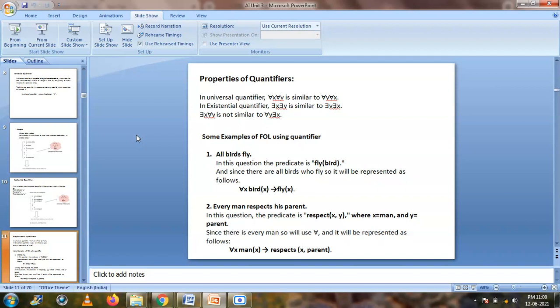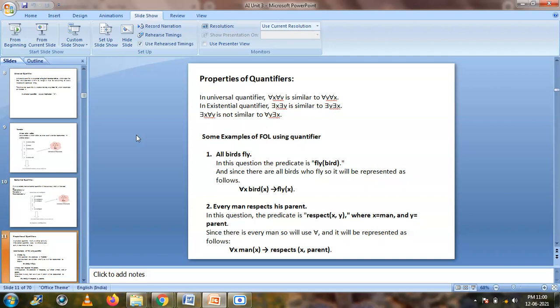Some examples of first order logic using quantifiers. First: all bats fly. The predicates are fly and bat. All bats fly, so it can be represented as for all x, bat of x implies fly of x. Second: every man respects his parent.